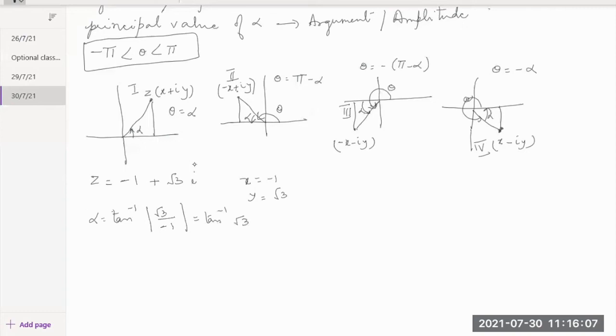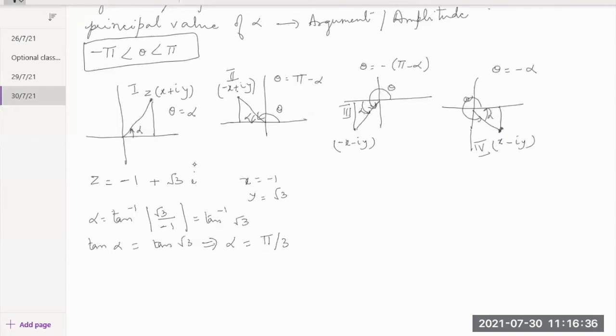Now, if I had written it in the original form, I would have read it like this: tan alpha equals root 3. Now, you know that root 3 is the standard value of tan at alpha equal to 60 degrees, that is pi by 3. So alpha is coming out to be pi by 3.